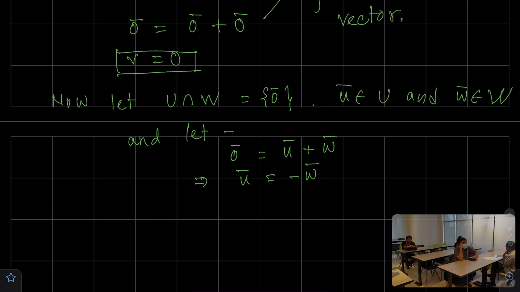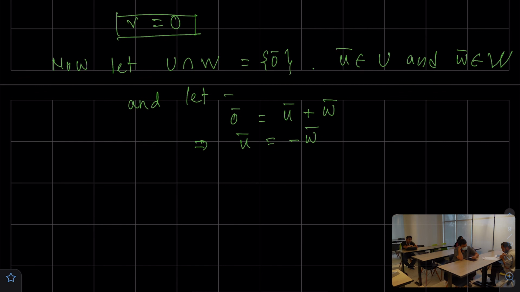That means u is equal to minus w, the additive inverse of w. And this belongs to which vector space?